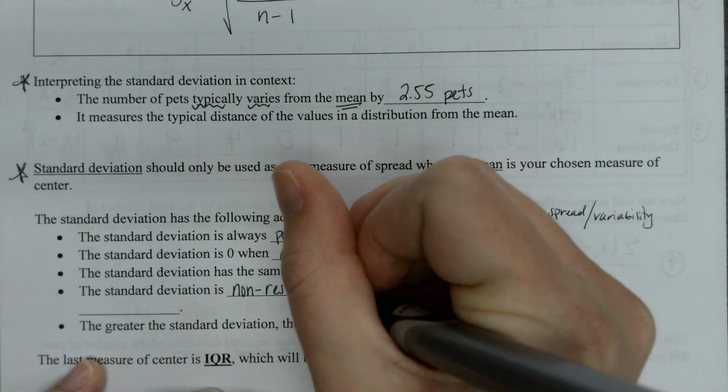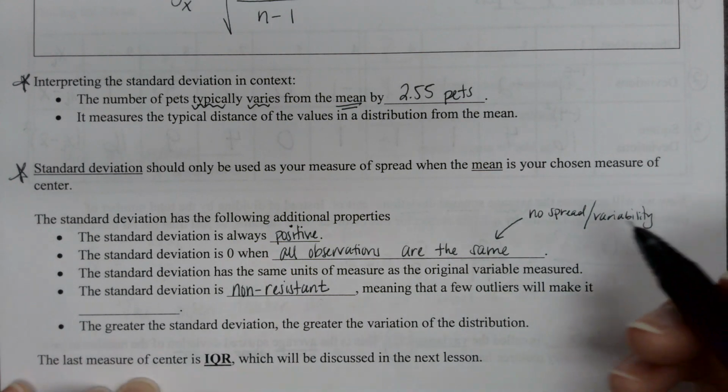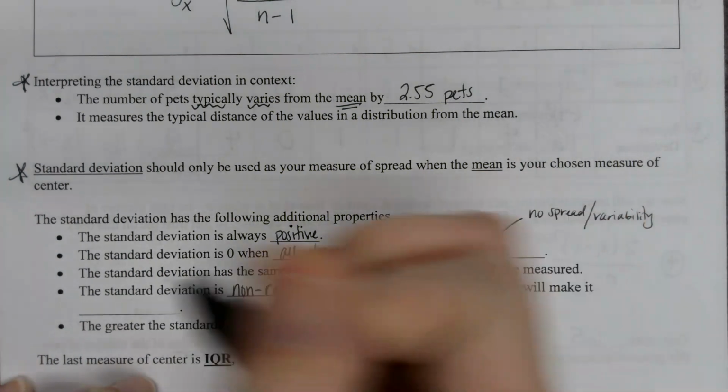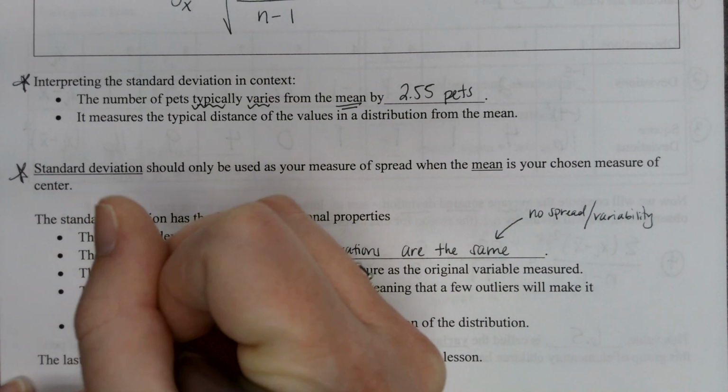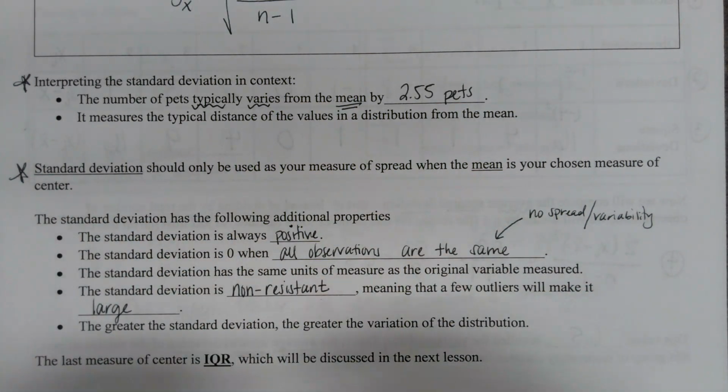Remember, it can't help but change due to outliers. If you have outliers, there's a larger spread of data. Therefore, our standard deviation is going to be larger because our values are varying a further amount.